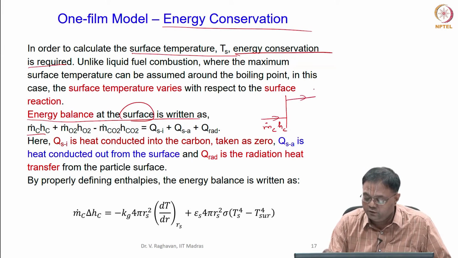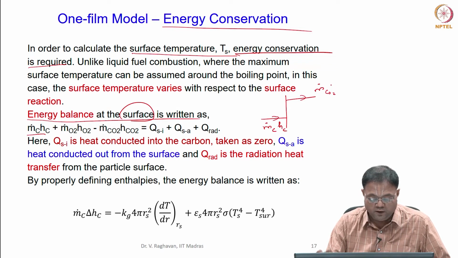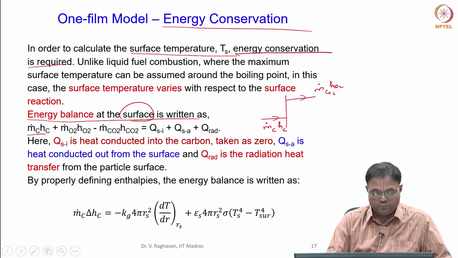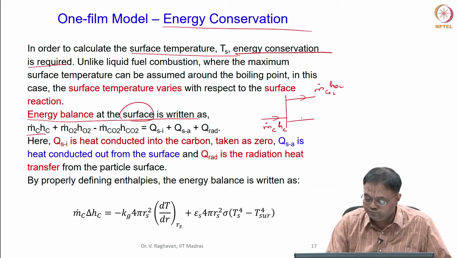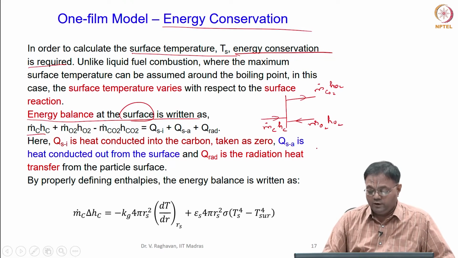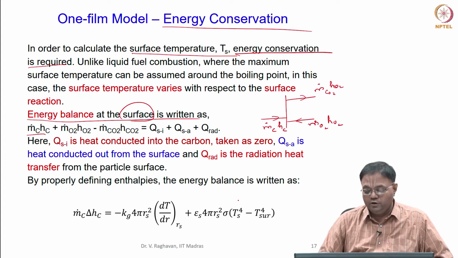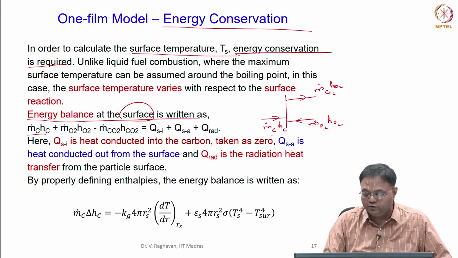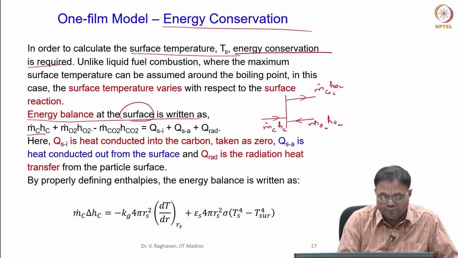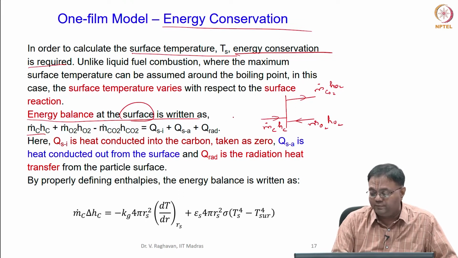Similarly, here m dot CO2 and HCO2, and here m dot O2 HO2. So this is the left hand side of what I am trying to do here. This and this are added together and subtracted from this, so this will actually go to the other side.